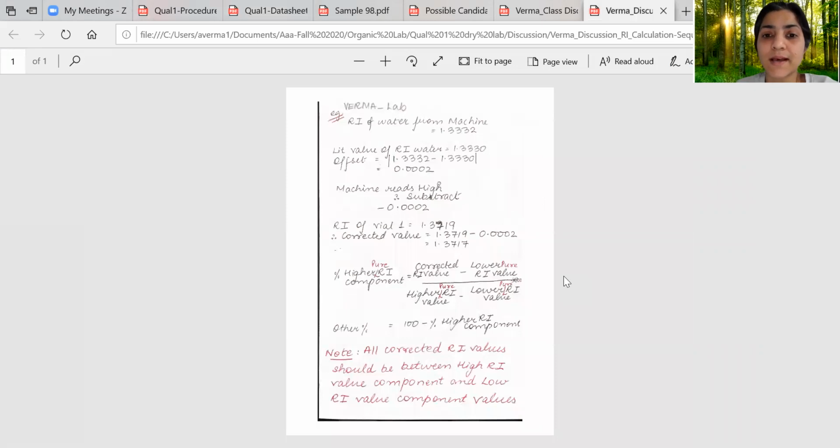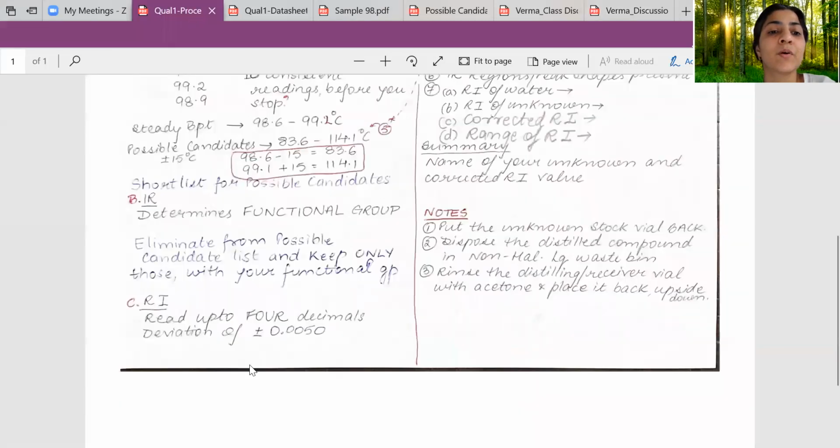This is also discussed earlier when we had looked at GC, RI and fractional distillation. For your RI, you also need to give a deviation of plus minus 0.0050.